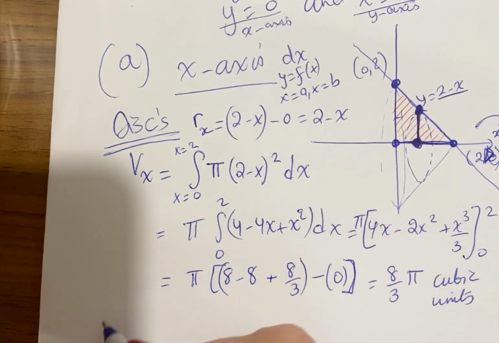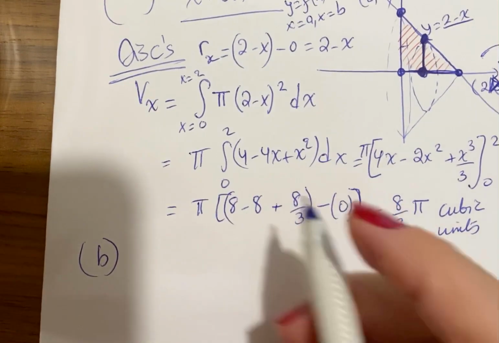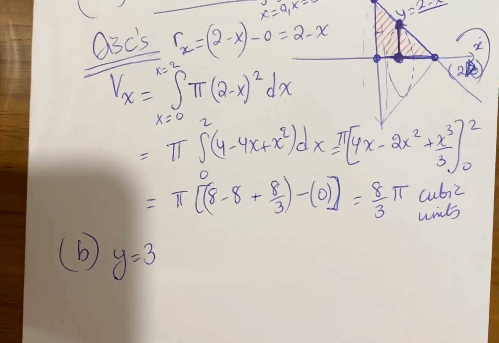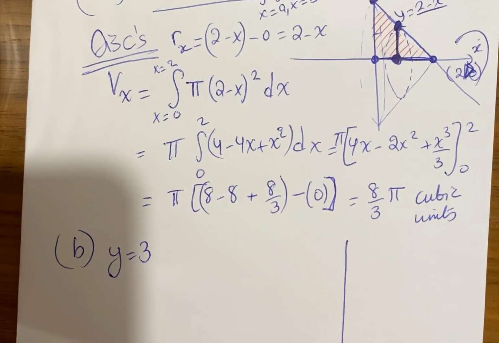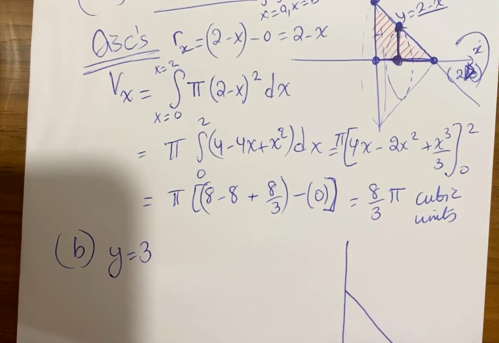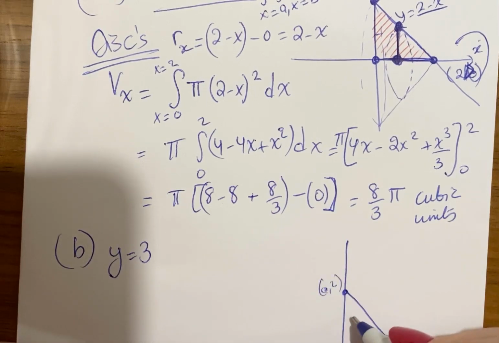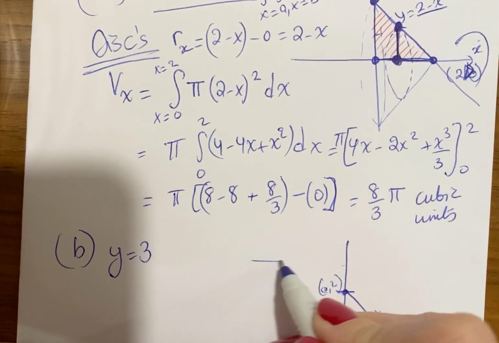The same region, in part B, they want to rotate it about the line y equals 3. So the same region that we had up there, which is this triangle, they want to rotate it about the line y equals 3, which is this line.